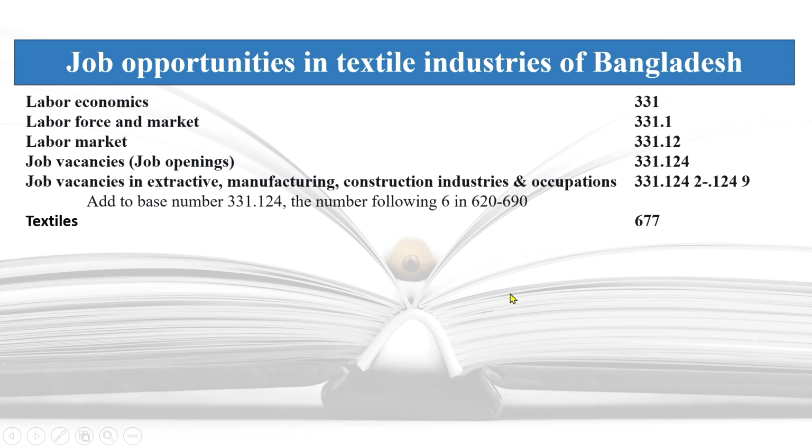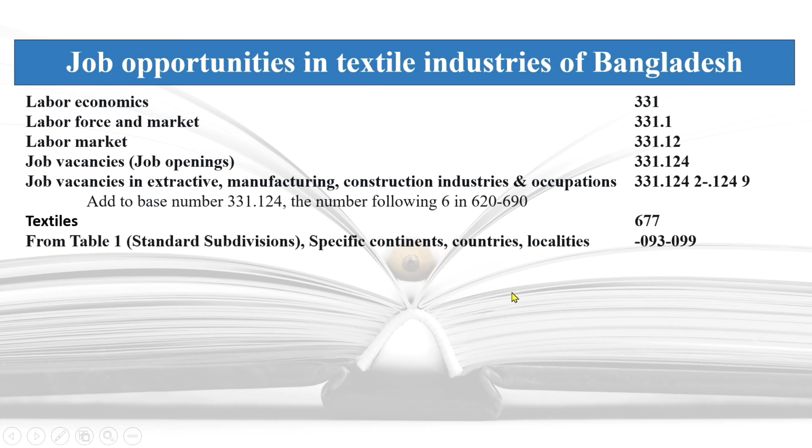Therefore, we have to add the number for Bangladesh, and as there is no instruction under textile, we have to bypass Table 2 with the help of Table 1. Like the previous one, we add 093 to 099 from Table 1, and then for Bangladesh it is 5492 from Table 2.